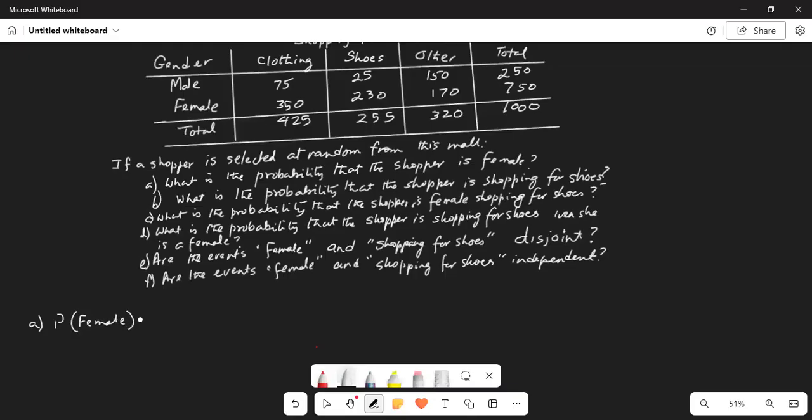It will be the total of all females, which we can indicate by F, divided by sample size. The sum of the second row of data, all females, is 750, divided by the sample size of 1,000, which is 0.75. So if I highlight that, that's your answer for part A.